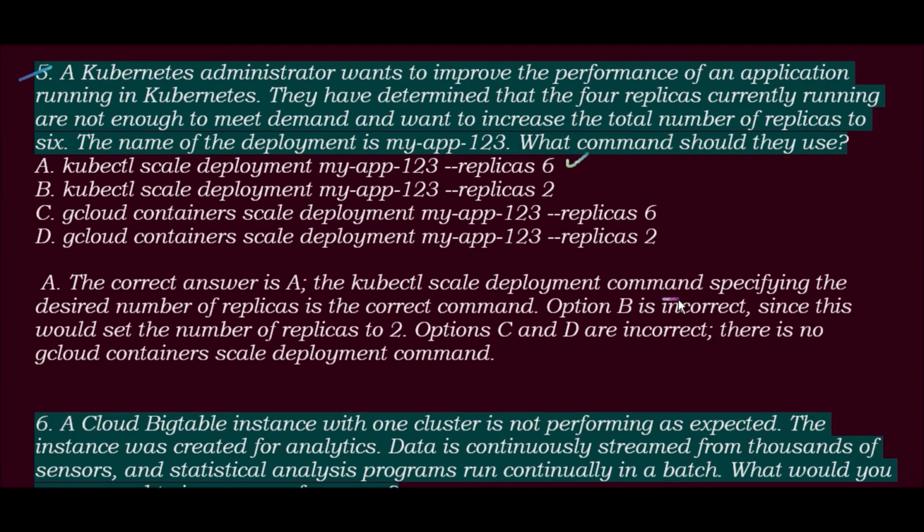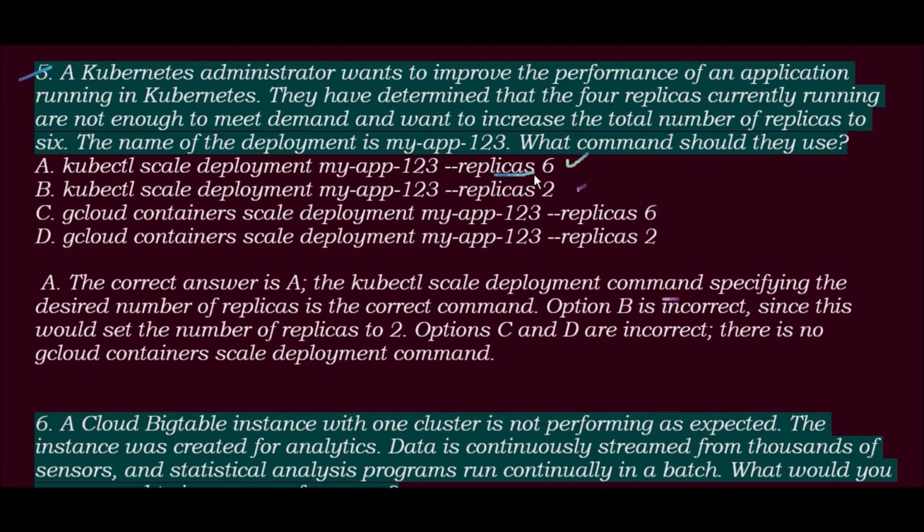Option B, kubectl scale deployment myapp-123 --replicas=2, is incorrect here since this would set the number of replicas to 2. Okay, but the question is asking about 6 replicas. So that's why here the correct answer is option A.